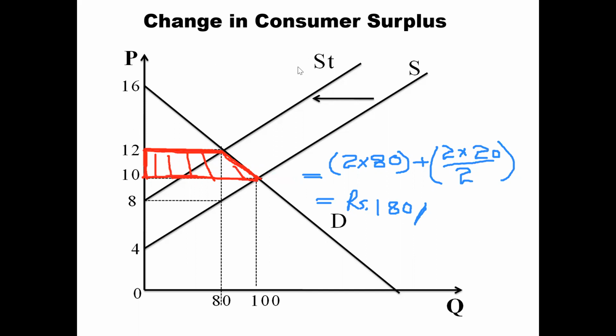Sir, can't we find it like this, consumer surplus before tax minus after tax? You can do it here, but for that purpose the graph should be perfectly done using the equations. That method is also correct, but here the graph is not properly balanced with the equations. If we draw the graph, 160 is coming, sir. That's 140, right. Here I have drawn this graph roughly, not with proper scales.